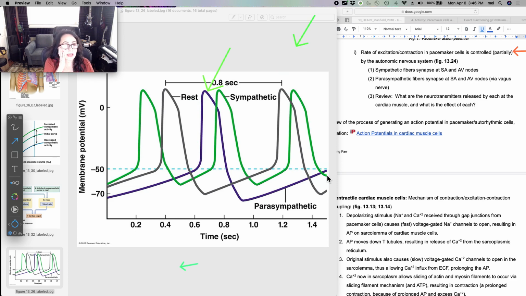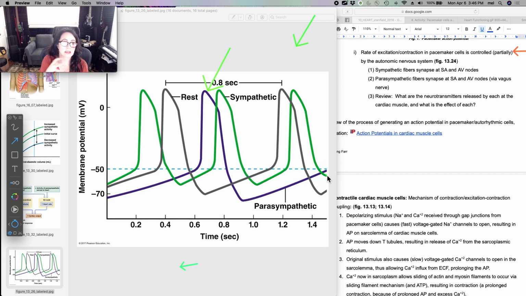And the way that it does that, by the way, is by releasing the neurotransmitter acetylcholine at the cardiac muscle cells of the SA node and the AV node. Whereas they were on their way to depolarizing to threshold, it slightly hyperpolarizes them. It makes them go the other direction, which means it's going to be longer before it hits threshold.